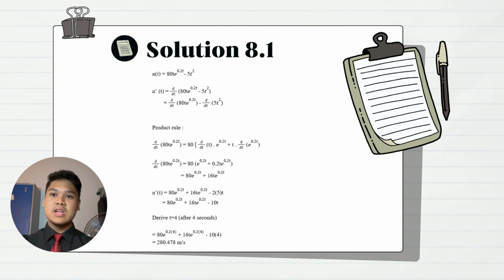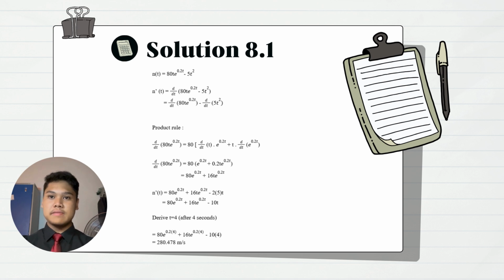And then next, we're going to differentiate the second term, which is negative 5t squared. So we will differentiate the negative 5t squared and we will get negative 10t. So at the end, we'll get 80 e to the power of 0.2t plus 16t e to the power of 0.2t minus 10t. In the question, it is given that t is equal to 4, which is after 4 seconds.